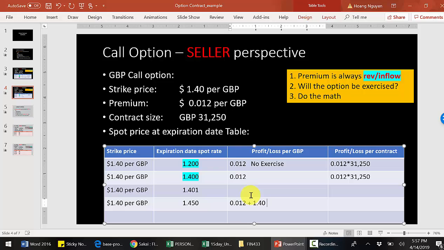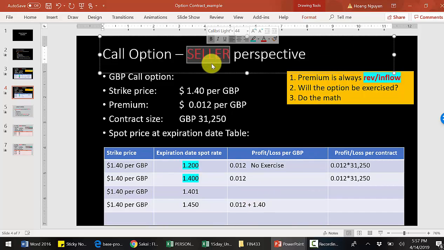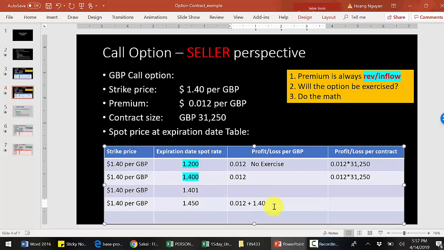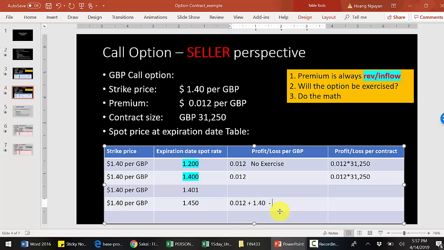You can imagine that in order to get a pound to deliver to the option holder, the seller has to pay the market price of 1.450. Therefore, the 1.450 is the cash outflow or the cost. Okay. Now, in this case, again, let's review it.